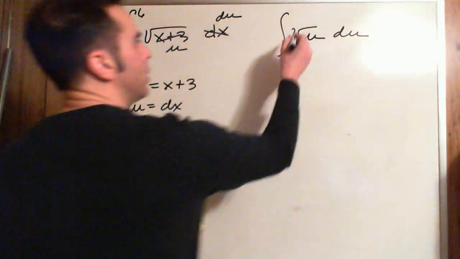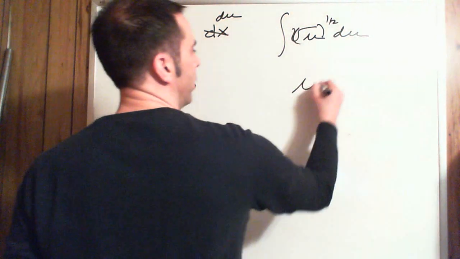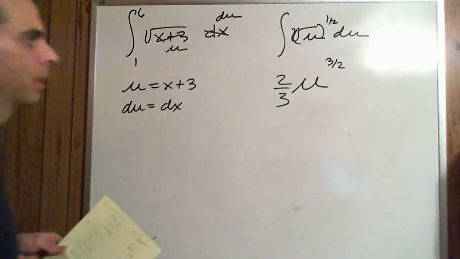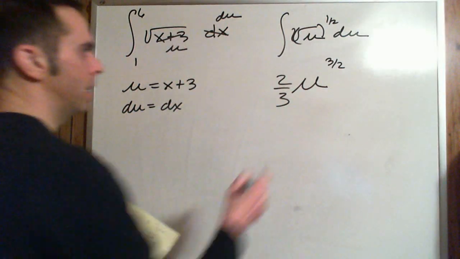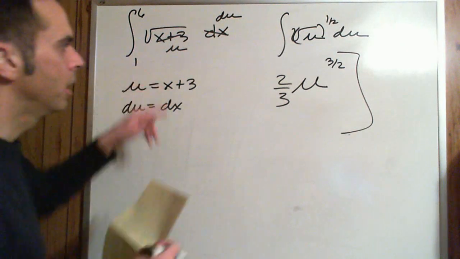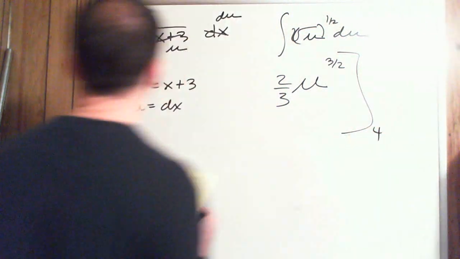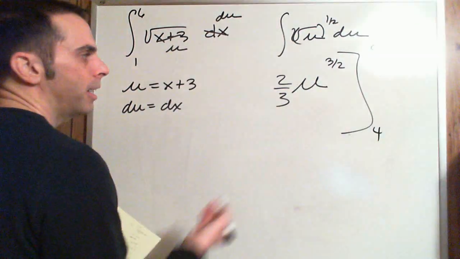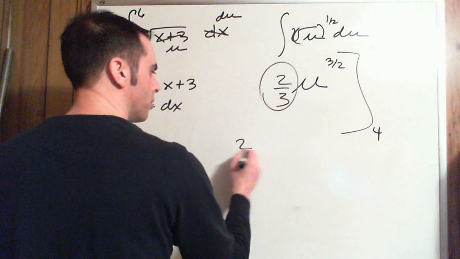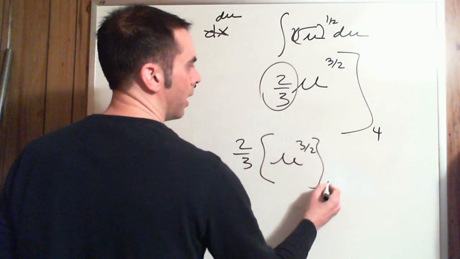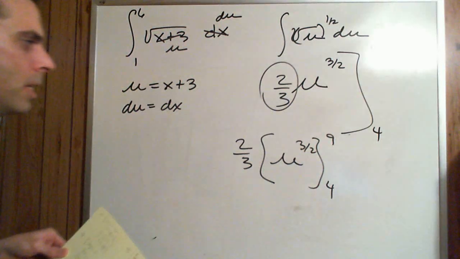That antiderivative is u to the 1/2, increase the power by 1, so that's u to the 3/2, multiply by its reciprocal. Now you've got to evaluate that at your limits of integration. So when x is 1, u is 4, and when x is 6, u is 9. I can bring out the constant 2/3, and I'm going to evaluate this from 4 to 9.